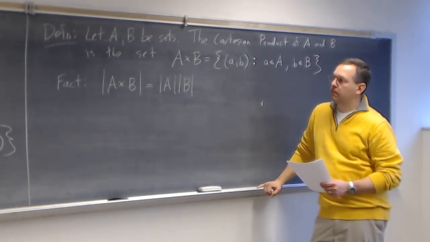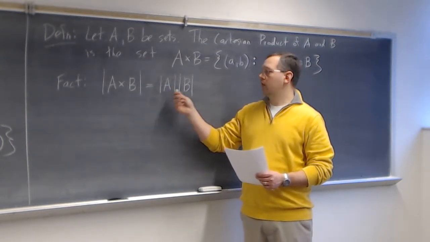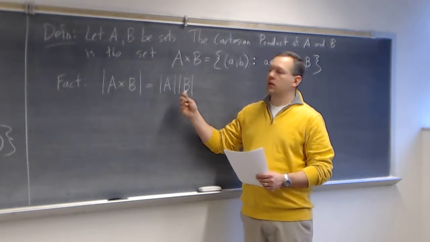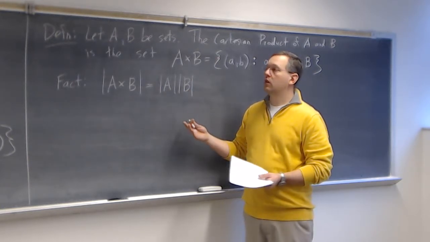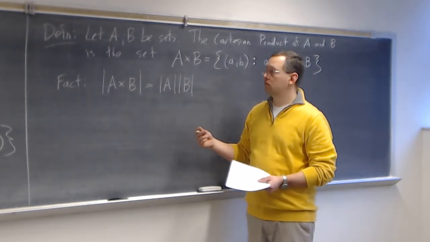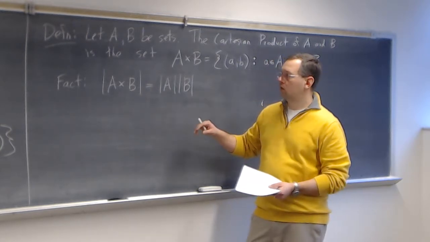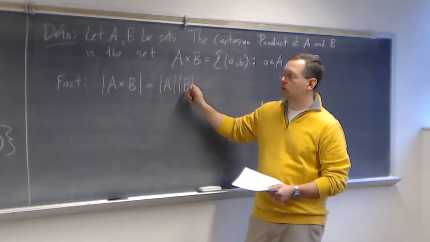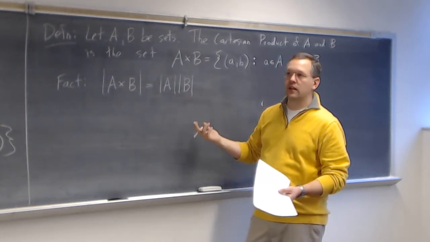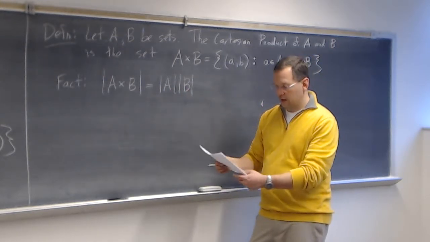You have this many choices for the first coordinate and this many choices for the second coordinate. You multiply this number times this number, and that gives you the number of possible ordered pairs that you can make. Make sense? That's why in the last example we had 3 elements of A, 2 elements of B, so 3 times 2, 6 possible ordered pairs we could put in this set.